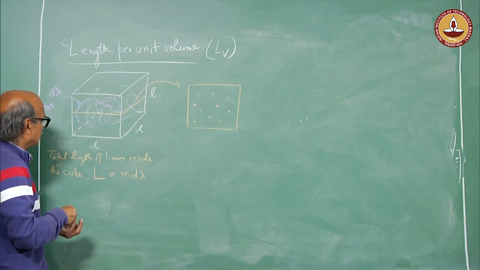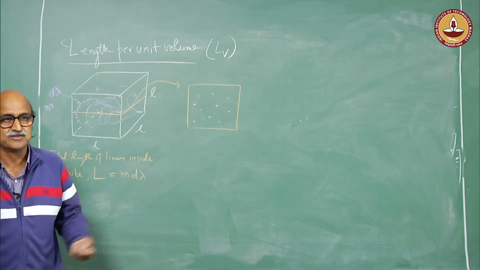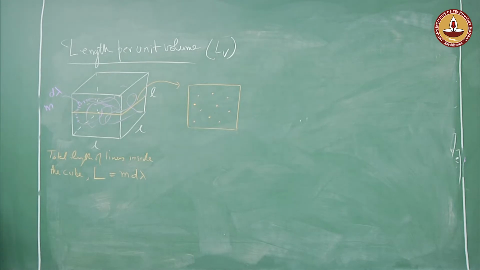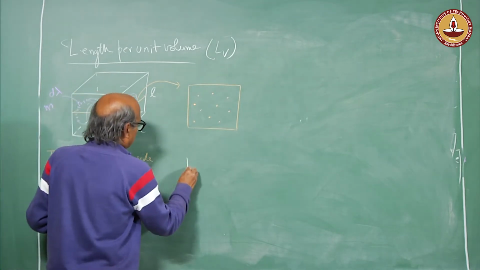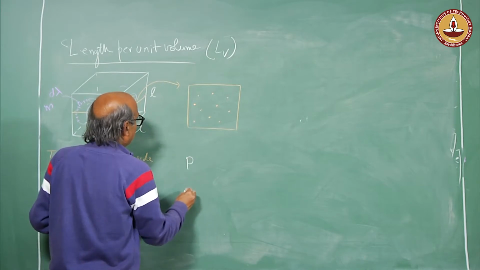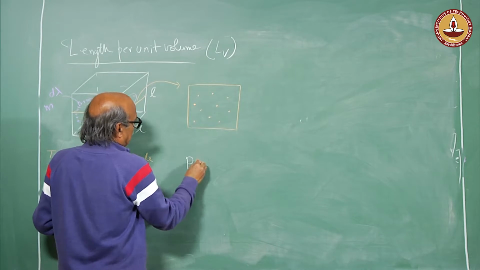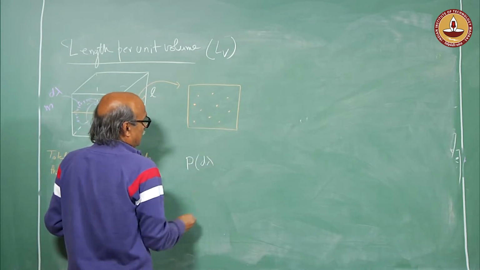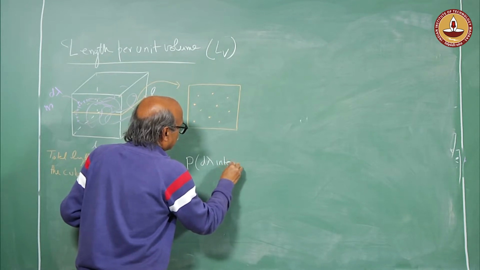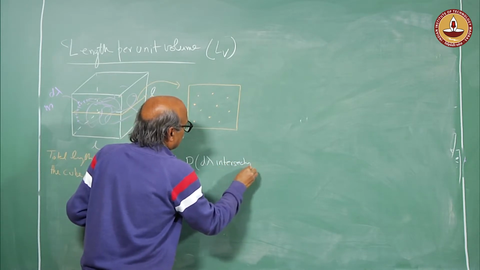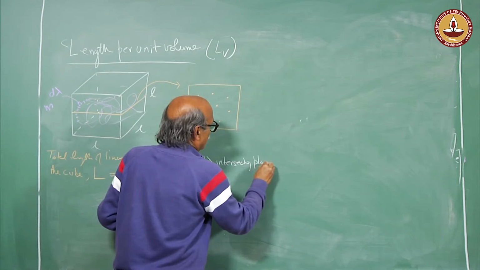So, we start with the same thing, that this section will cut some of these small d lambda elements. What is the probability of a d lambda element intersecting a plane probe?